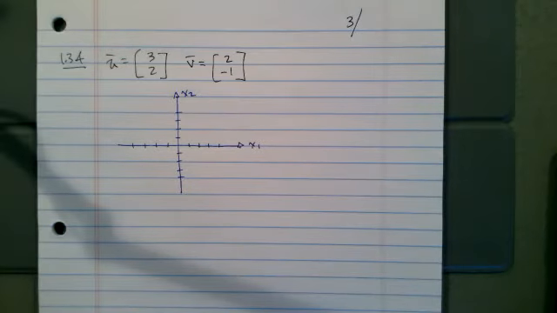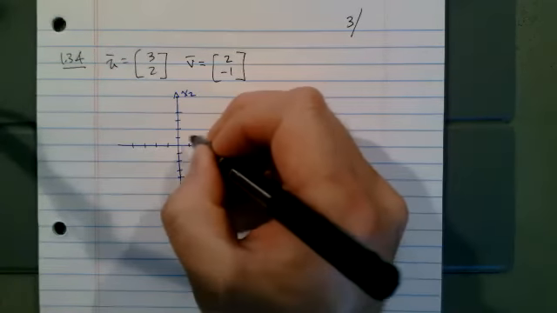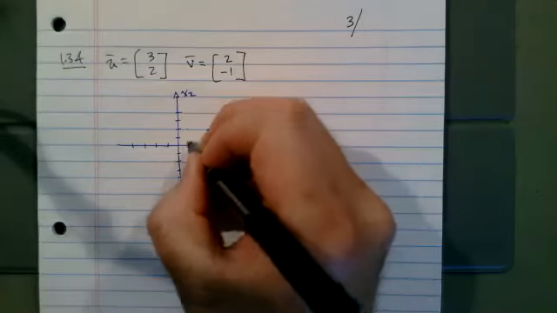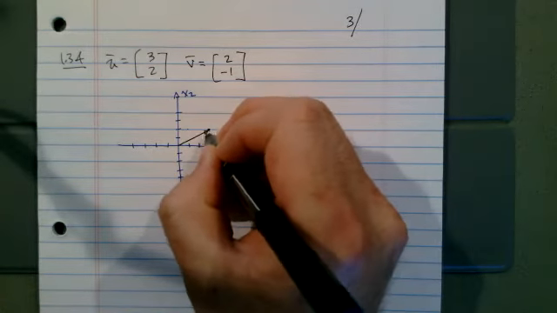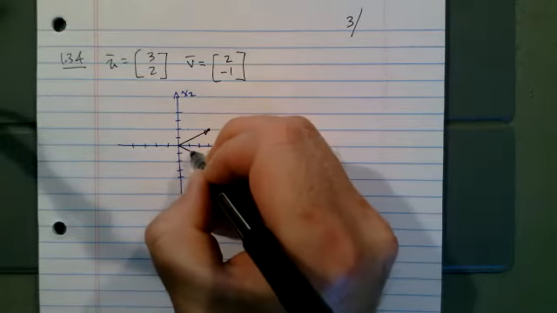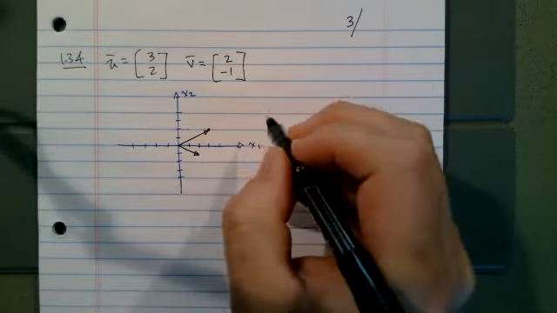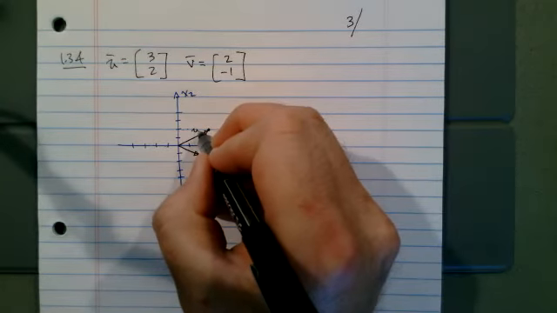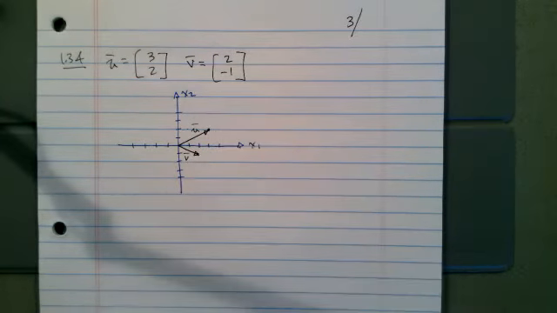So I'm going to draw that one. U is 3, 2. There's the vector U. And the vector V is 2, negative 1. There's the vector V. Notice first that they're not collinear, so these are linearly independent vectors, because there's only two of them, and one of them is not a multiple of the other.